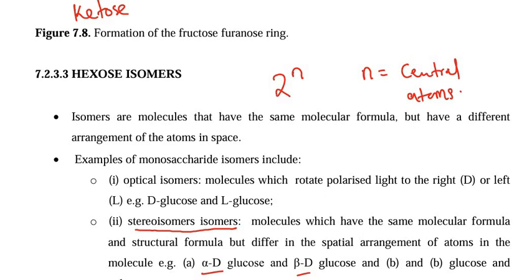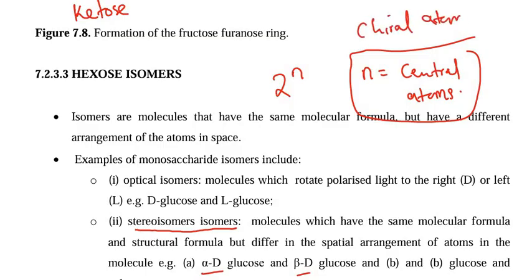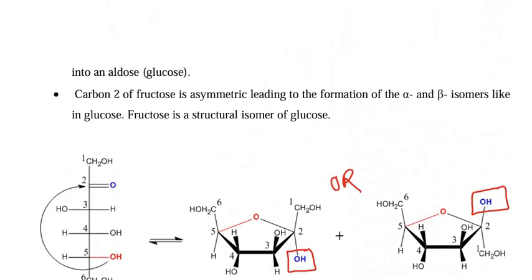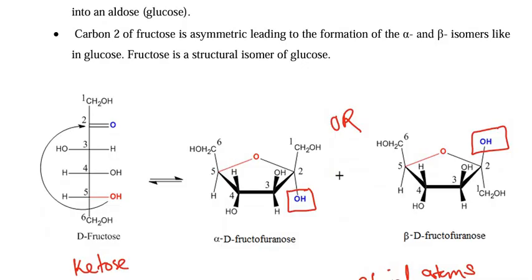If you want to calculate the number of stereoisomers, here we're saying central, some people say chiral atoms. So chiral atoms are, in this case, the carbon atoms that are bonding to different things. Carbon number 1, is it a stereo or a central atom?